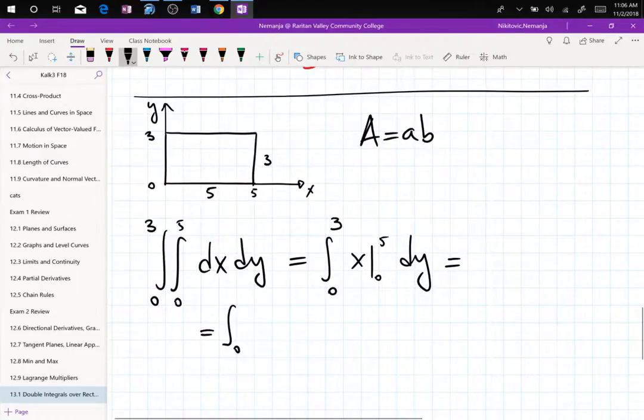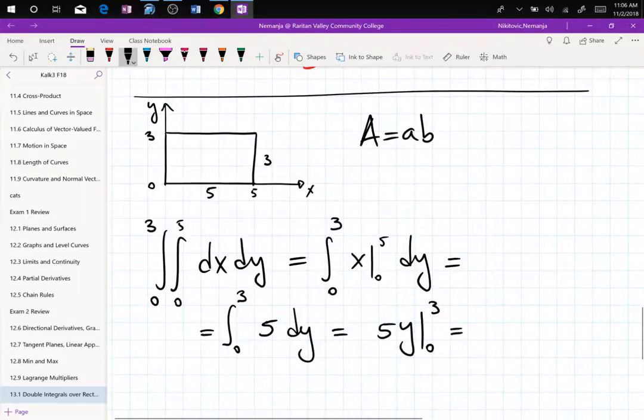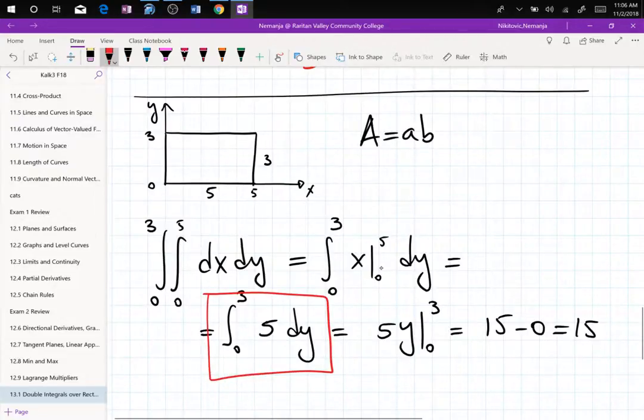So when I calculate inside, I have 5 minus 0, which is just 5, dy. What's the integral of 5 dy? 5y computed from 0 to 3, which is 15 minus 0, which is 15. Now, can you all spot that you could have set this up as a Calculus 1 problem right there?